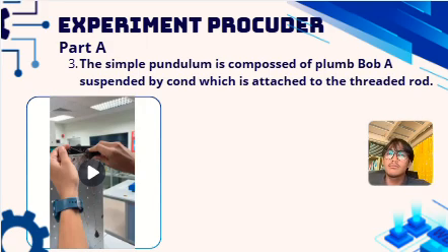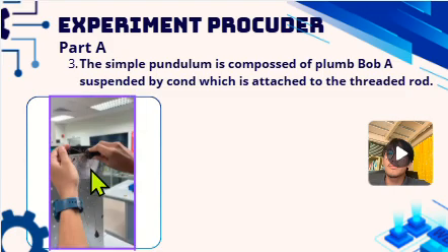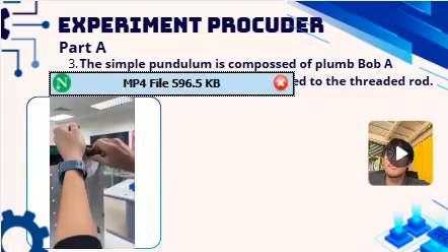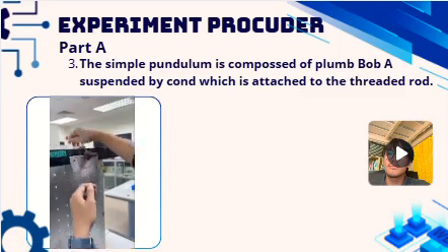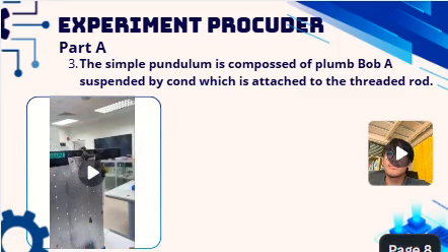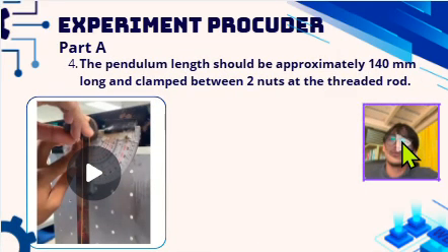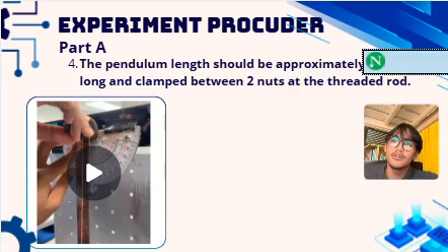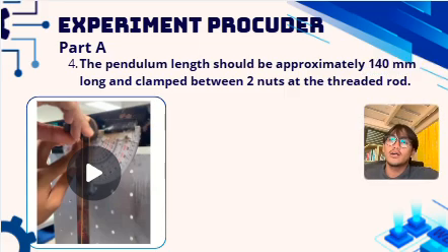Moving on. We are going to displace the pendulum about 10 degrees from its equilibrium position and let it swing back and forth. Our experiment is to measure the total time taken to make 20 complete oscillations.